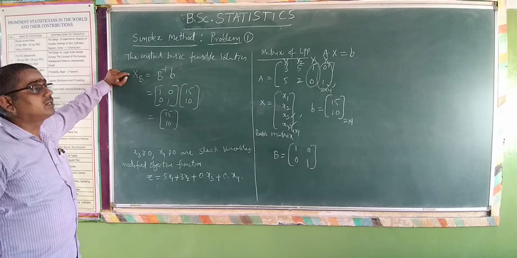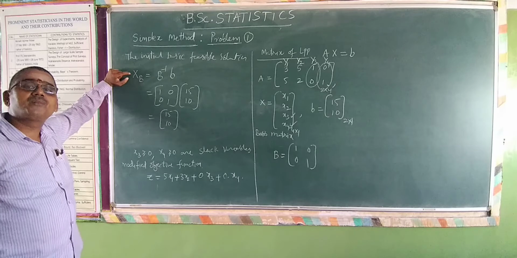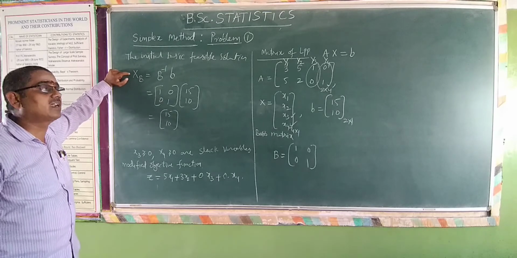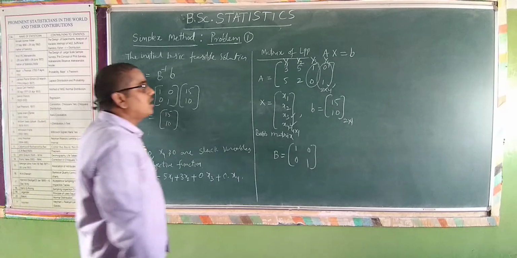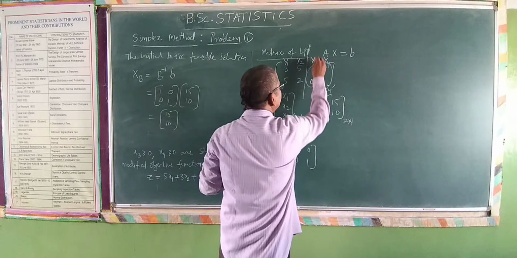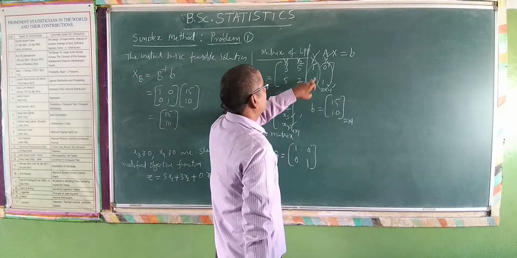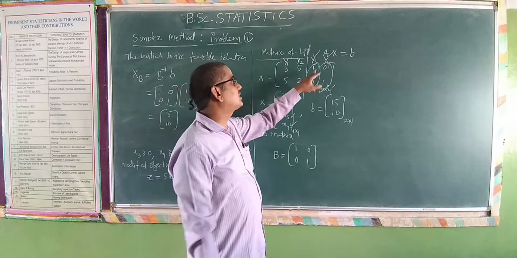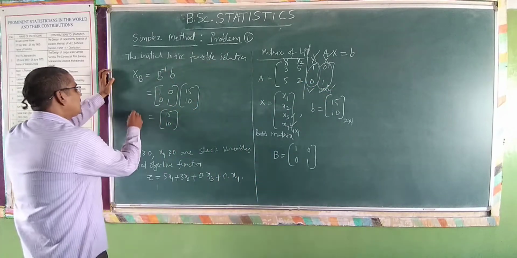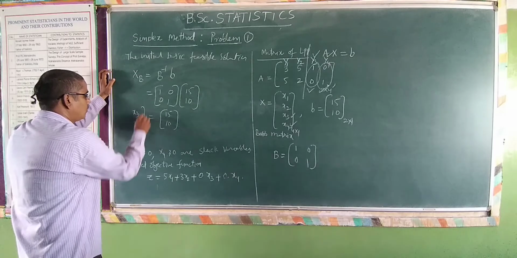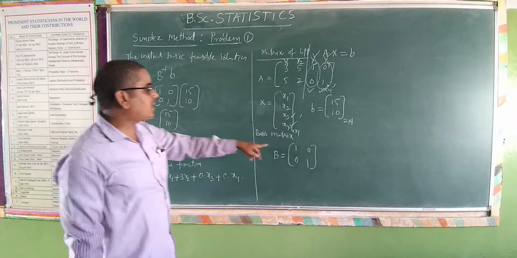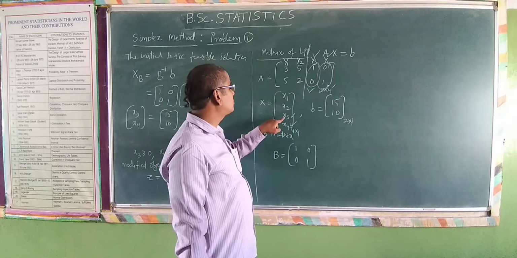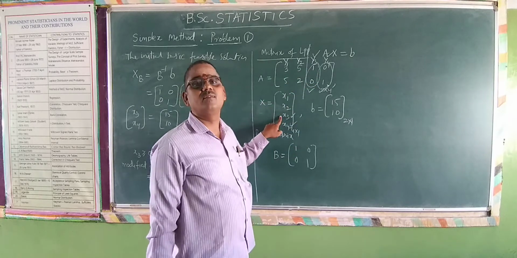So now what is XB? XB represents only the variables which are in the basis matrix. Now come over here. The vectors in the basis matrix are y3, y4. The corresponding variables are x3, x4. Therefore, xb consists of x3, x4. 1 0 belongs to y3, which is nothing but the coefficient of x3.